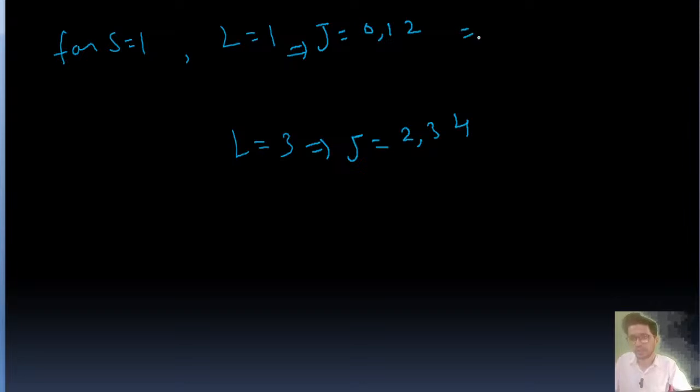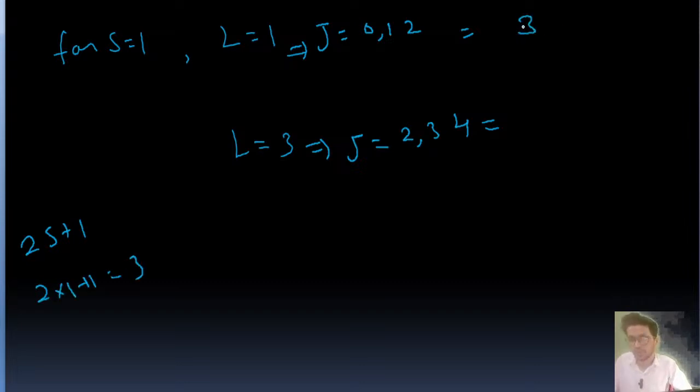J values are 0, 1, 2 for the first, and for the second, 2, 3, 4. So the spectroscopic term is L equal to 1 and multiplicity 2S plus 1, 2 into 1 plus 1, that is 3.